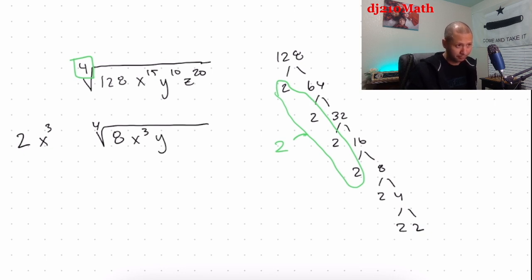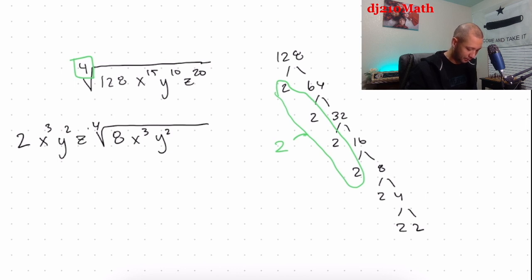Okay, y to the 10th. Same idea. We're going to divide 10 by 4. So it's going to be 2. That's what comes out. And the remainder is going to be 2, because there was 10, I took out 8, 2 sets of 4, and there's 2 left over. All right, z. This one's nice because 20 divided by 4 is a clean number.